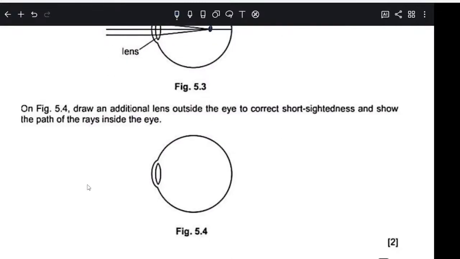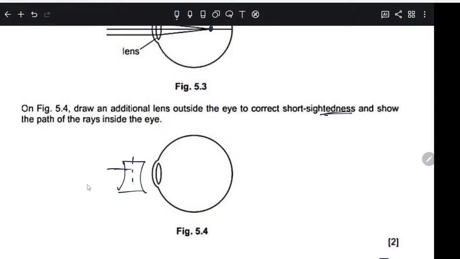Here, add an additional lens outside the eye to correct short-sightedness. There we go. You do it like this. Then. So, for short-sightedness, you need a concave lens.